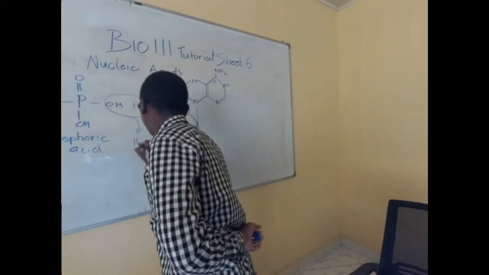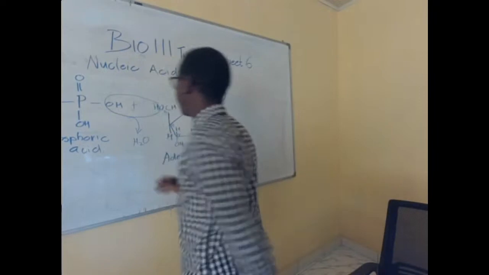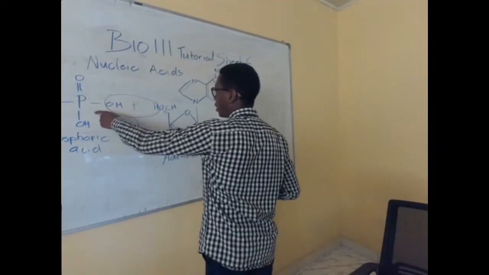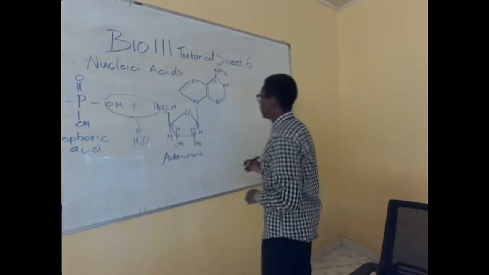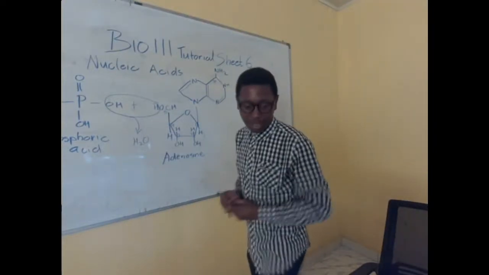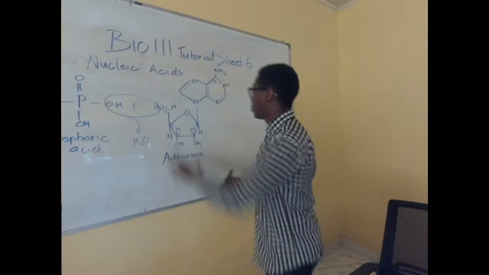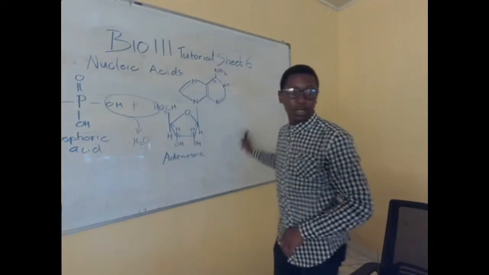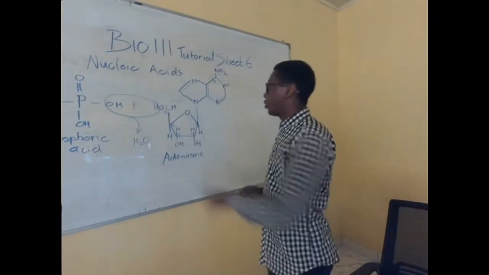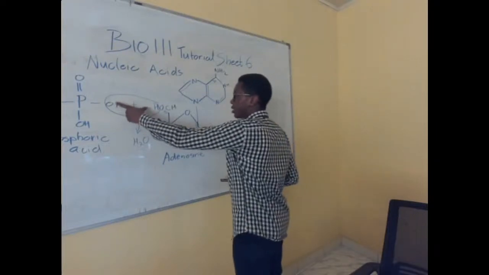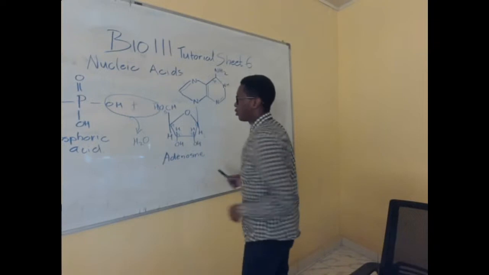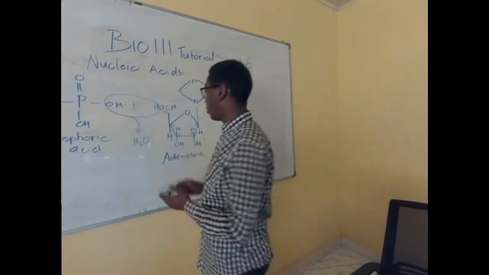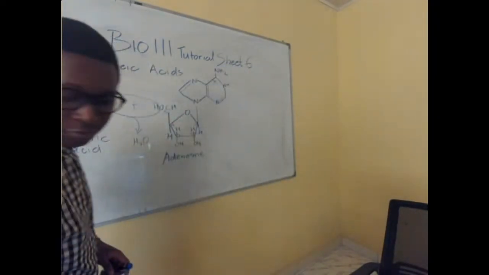So we'll have a reaction here, which will yield a water molecule. The water molecule is going to be released, and we are going to form a phosphoester bond, a phosphoester linkage. So we are going to illustrate that now. When this water molecule comes off, we form a phosphoester bond here.